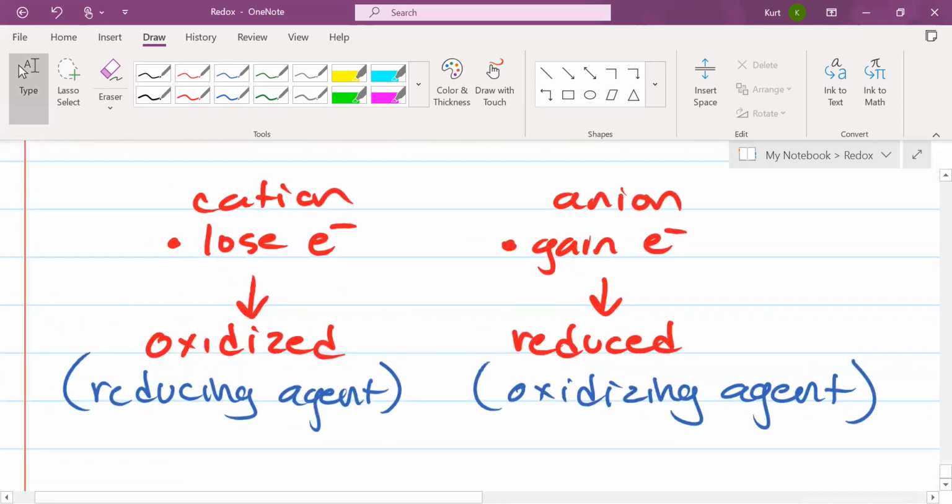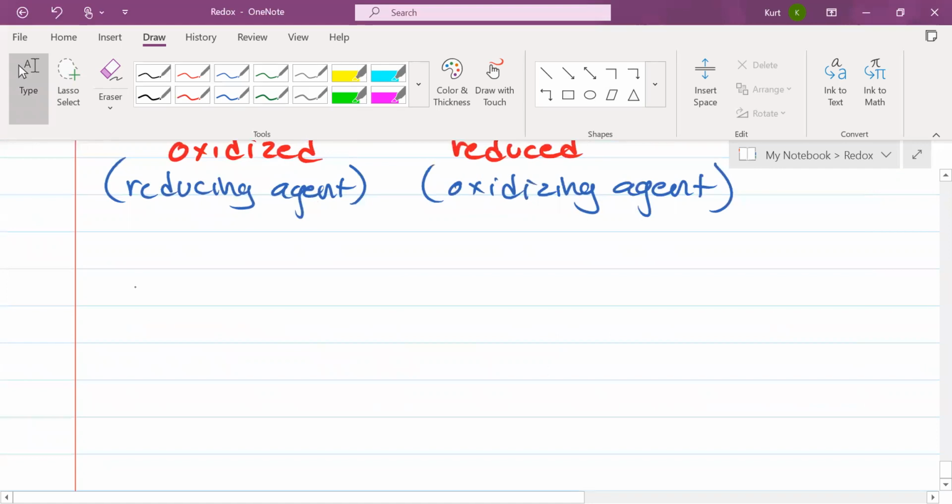So I just want to do a couple new equations before I get into what I have for you today. And then I think we're going to finish off section 1 today. So I just want to do a few examples, see if you guys can figure them out. Here we go. Let's see. We'll take a look at the periodic table here.